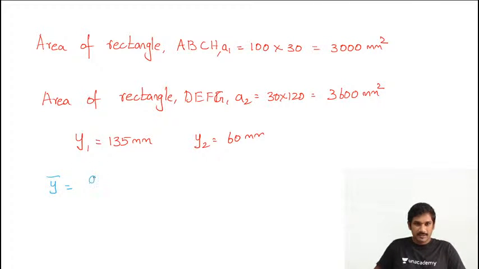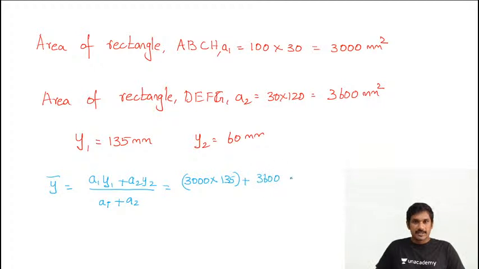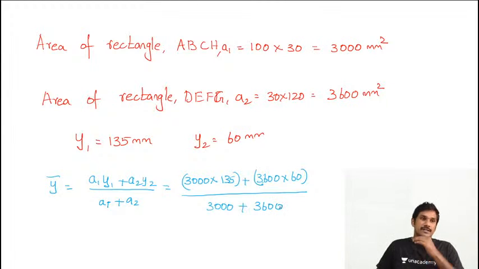That means y bar equals (A1 y1 plus A2 y2) divided by (A1 plus A2), which is equal to A1 value 3000 into y1 value 135, plus A2 value 3600 into y2 value 60 mm, whole thing divided by A1 value 3000 plus A2 value 3600.